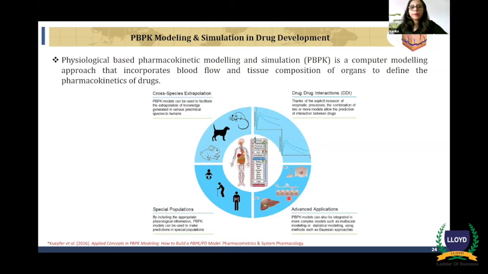So these approaches have been used along with pharmacokinetic studies, but with a smaller number of patients and fewer clinical trials in order to contribute to this fast approval process as well as the development process.